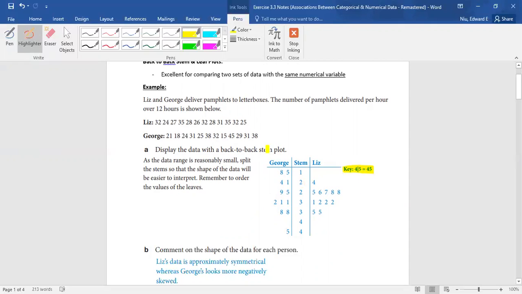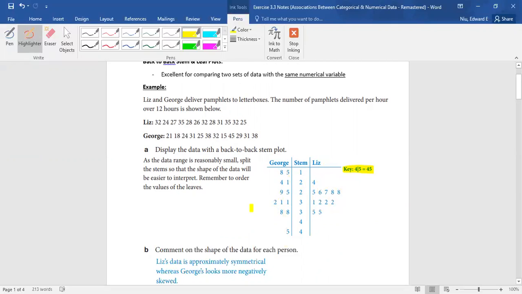All right, so if question A says display the data with a back-to-back stem and leaf plot, we've done this in multiple units over the years. You would put Liz's data in the right leaf, George's data in the left. Obviously, it doesn't really matter which way you have it, but as long as you put them in order from lowest to highest, and you align each number's column so then we can see the skew later on, you have a pretty good back-to-back stem and leaf plot.